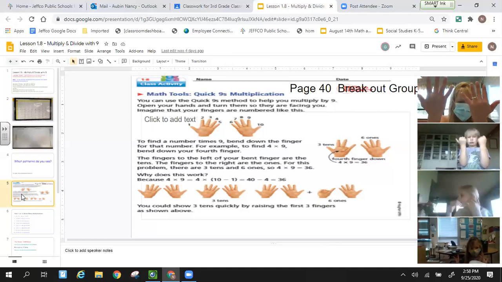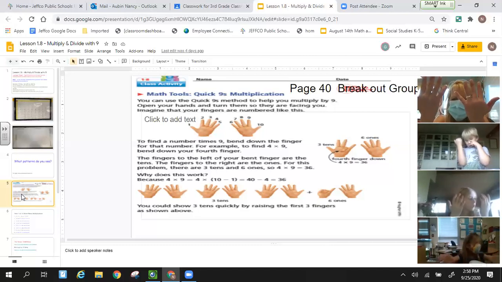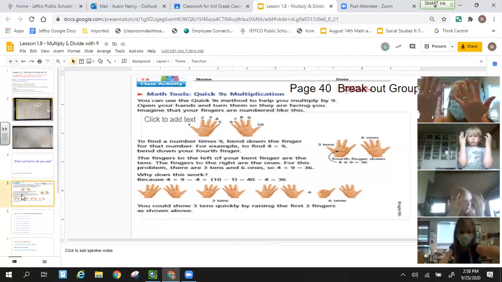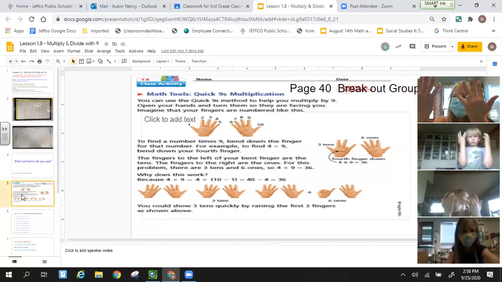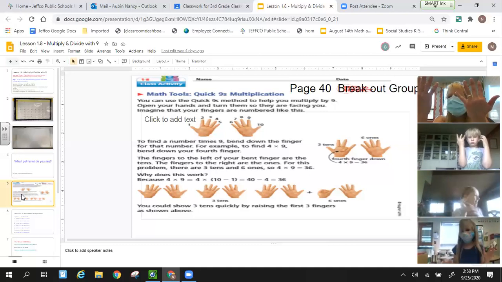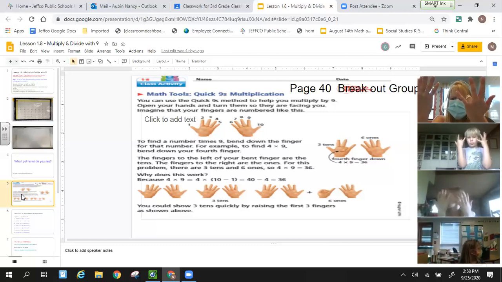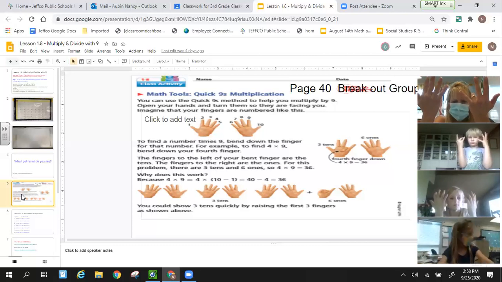For example, to find 4 times 9, bend down your 4th finger. Ready? 1, 2, where are you going, Noah? Where's everyone going? Okay, bad timing, guys. You're not going to know how to do it. All right. 1, 2, 3, 4. Put your 4th finger down.